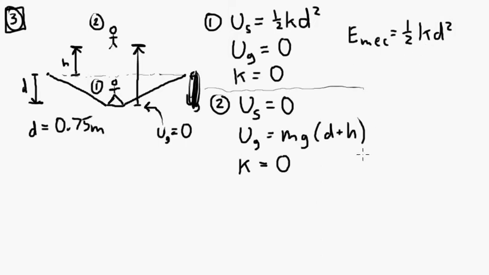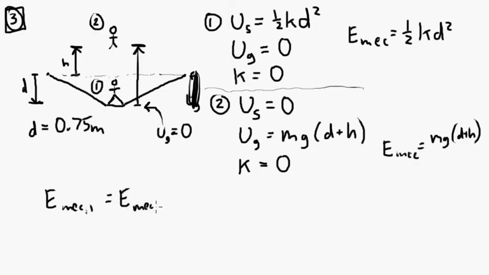So we set these two equal: E mech at 1 equals E mech at 2, which means 1/2 k d squared equals mg times d plus h.